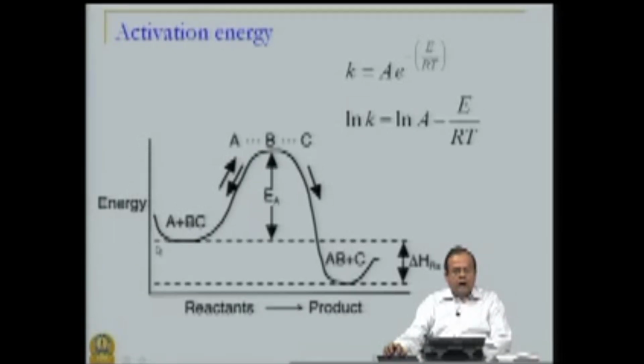At the beginning we have reactants A and BC at certain energy levels. At the end we have products AB plus C, and for the reactants to go to the products, some energy barrier has to be overcome.